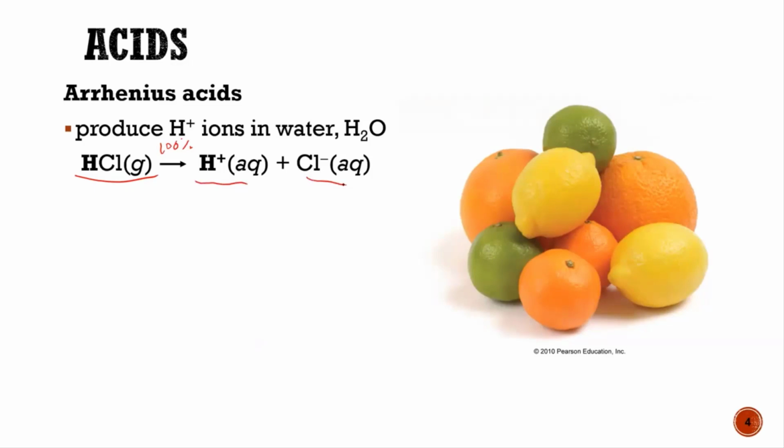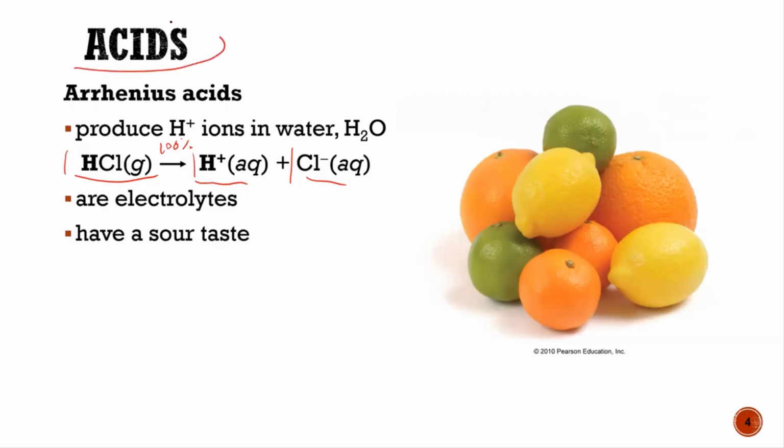So it will completely break apart, giving me, if I have 1 mole of hydrogen chloride gas, 1 mole of protons and 1 mole of chloride ions. One of the things you want to realize is acids are actually electrolytes, because electrolytes are essentially a solution that has ions, and the ions allow for conductance of electricity in solution.